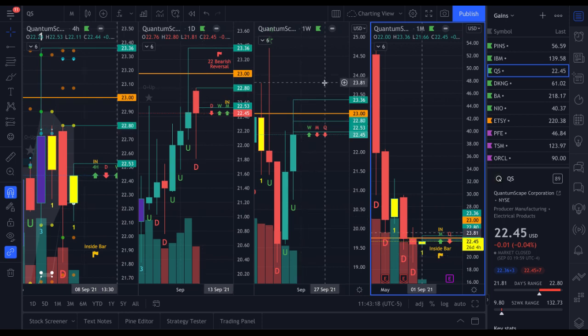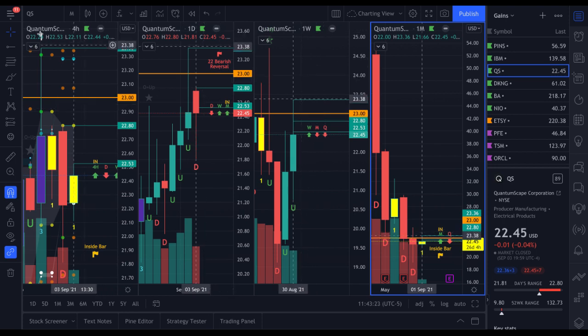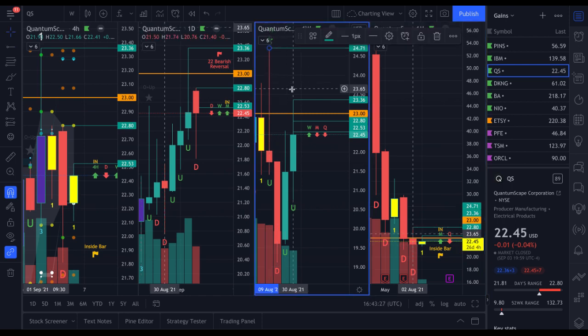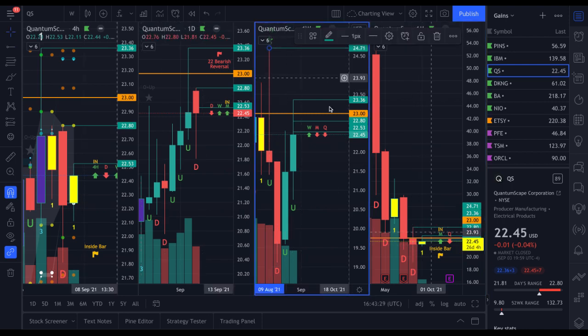So these 3 2-ups, that would give us our third 2-up. And you can look at the next pivot for a target there. So that 24.71. But again, this would just be me holding my runners until that next point to take profit.